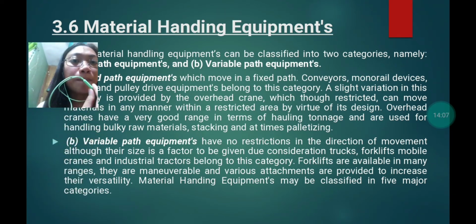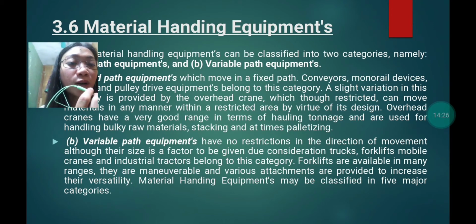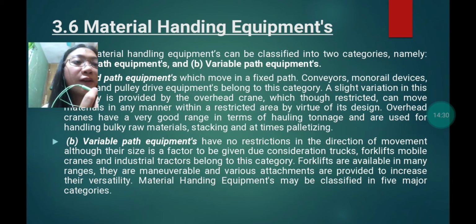Variable path equipments have no restriction in the direction of movement, although their size is a factor to be given due consideration. Trucks, forklifts, mobile cranes, and industrial tractors belong to this category. Forklifts are available in many ranges. They are maneuverable and various attachments are provided to increase their versatility.